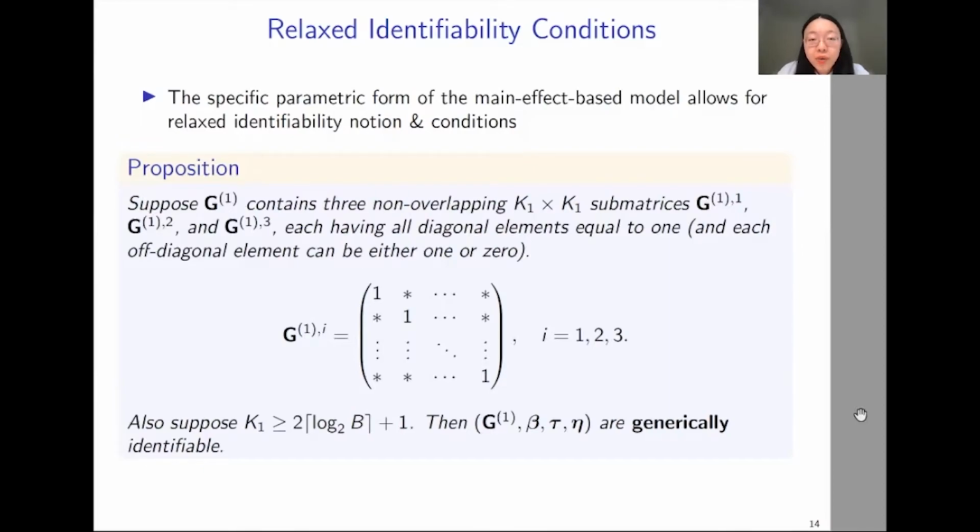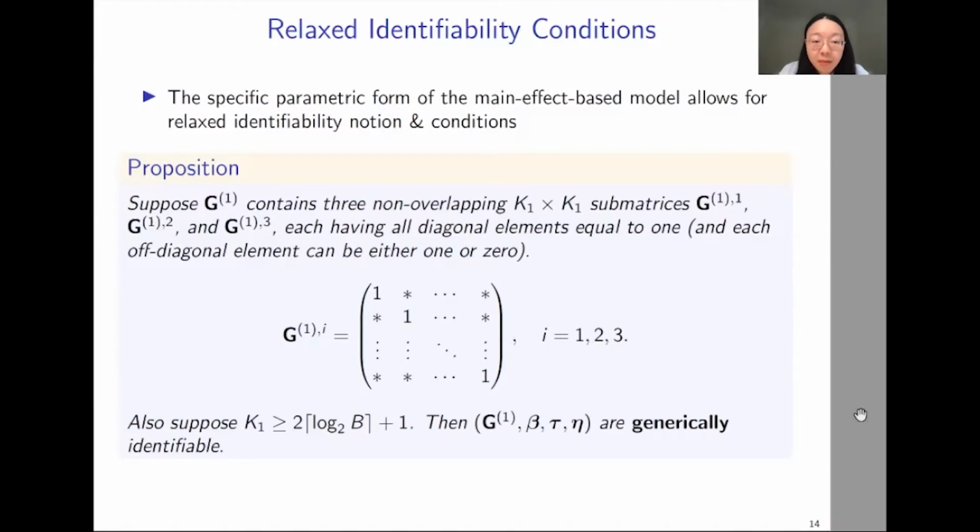Specifically, here we can lift the previous requirement of G containing 3 identity submatrices. Rather, here we only require G to contain 3 submatrices in this form. The diagonal entries are ones, but any off-diagonal entry is free to be either 1 or 0.